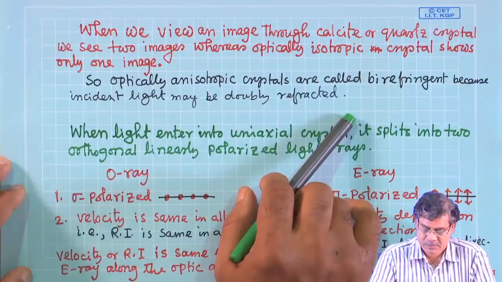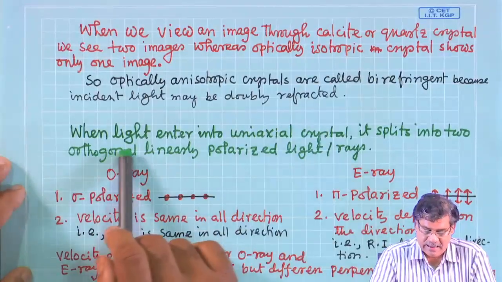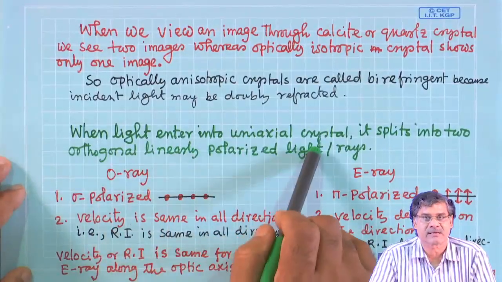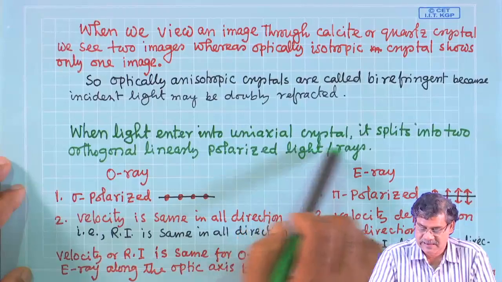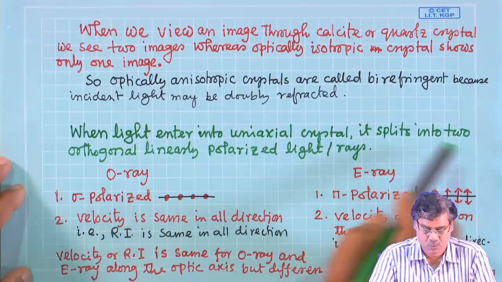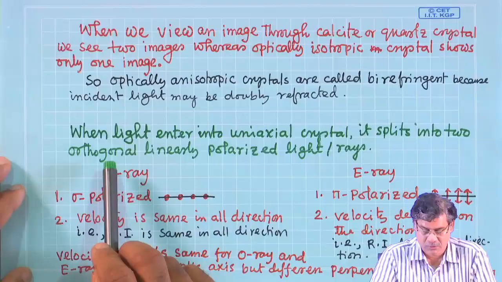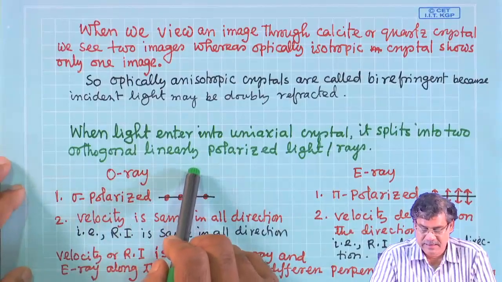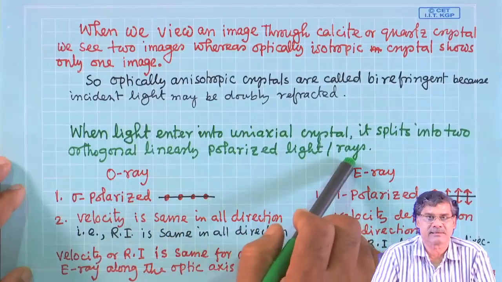Okay. So, when light enters into a uniaxial crystal, it splits into two orthogonal linearly polarized light or rays.